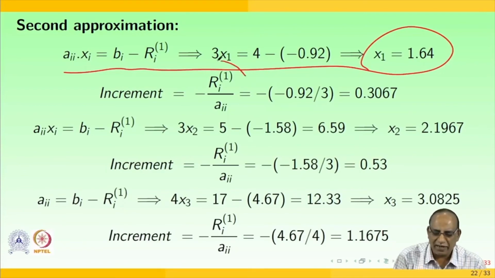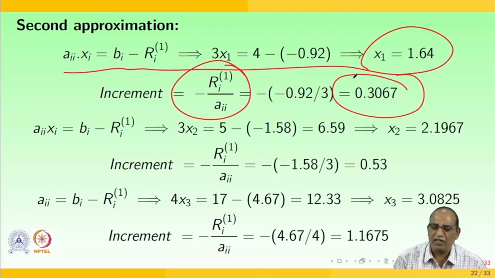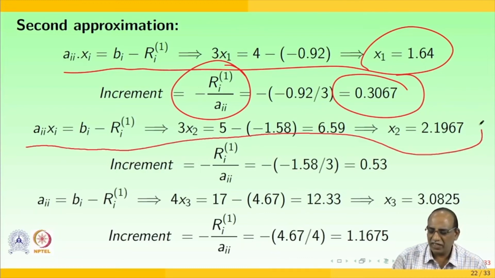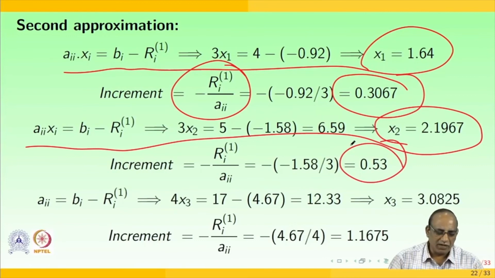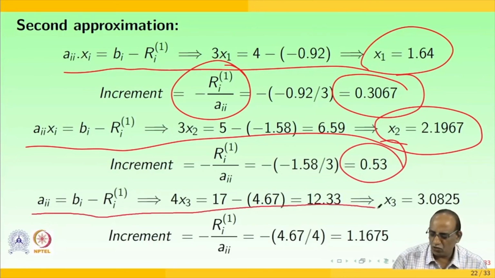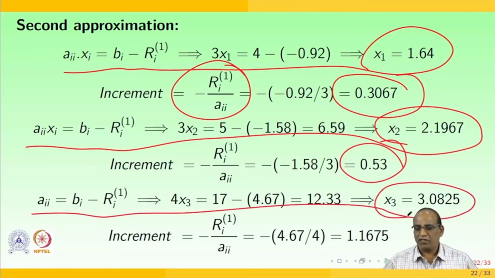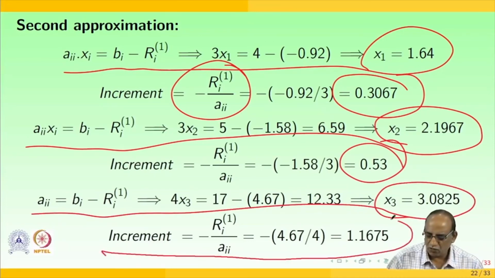The increment is minus RI upon AII, which is essentially 0.3067. Similarly, x2 turns out to be 2.1967, so the increment is 0.53. Similarly, x3 turns out to be 3.0825. The increment here is 1.1675.